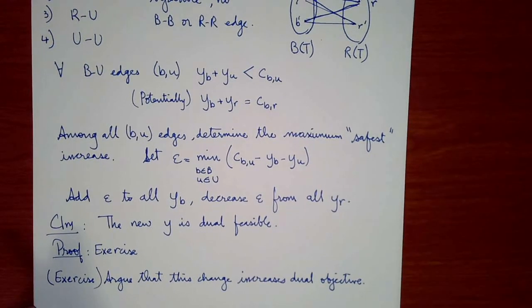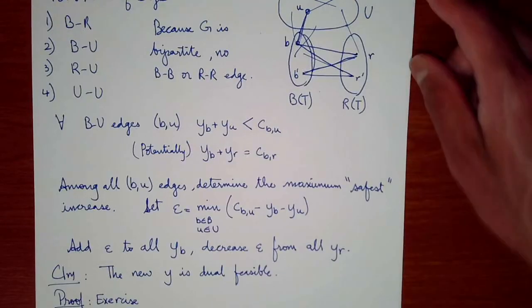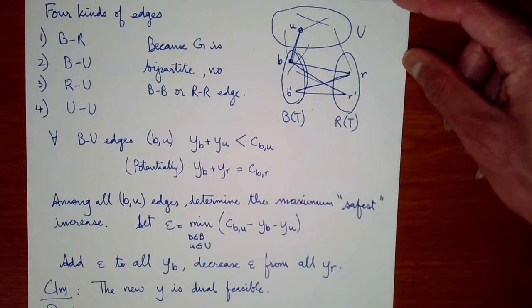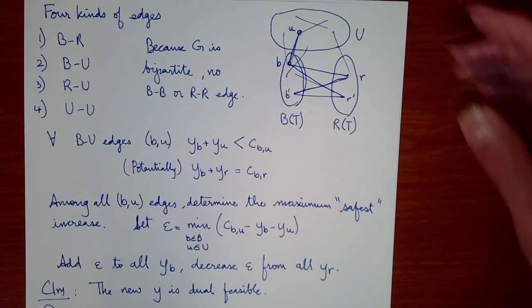The question is, okay, so now that we've done this change, why have we made progress? We increased the size of the equality edge. Exactly. So technically we may not have increased it, because there could be an equality edge from R to U which has gone down.